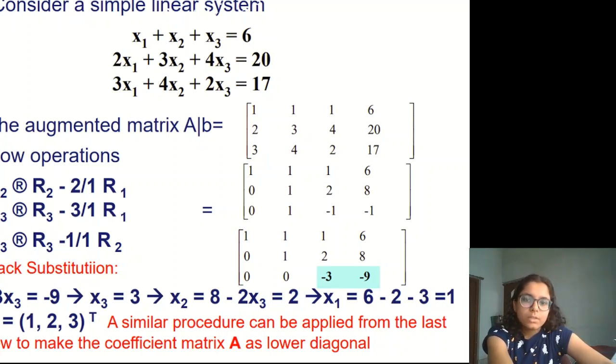Now during this row operation, when we make the upper triangular form, we encounter some problems. What exactly is this problem? We will now discuss that.